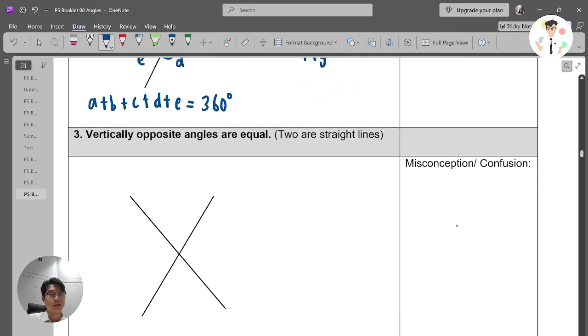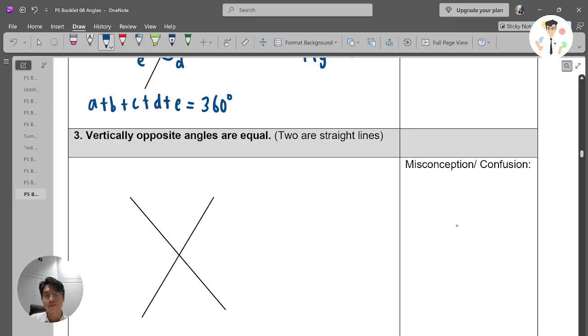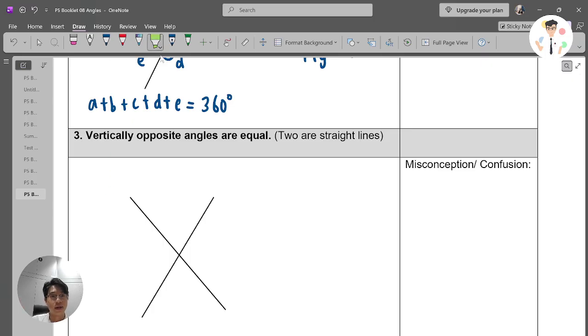Okay, let's move on to the third one. The third one is something a bit more tricky. Now the phrase they use is that vertically opposite angles are equal. You're like, teacher, what does that mean? Don't worry. The first thing you should understand is that I have one straight line here, I have another straight line here.